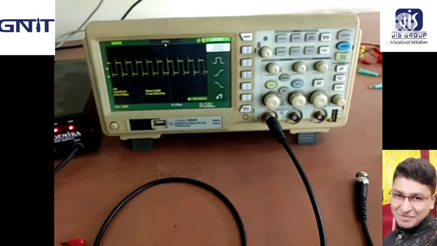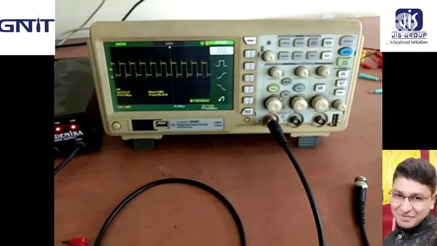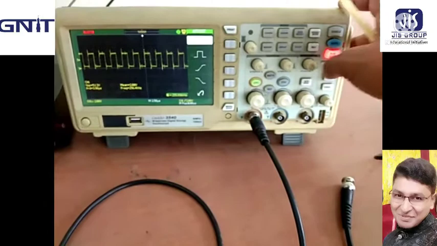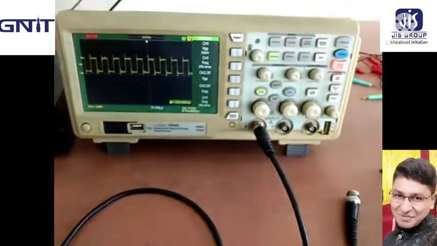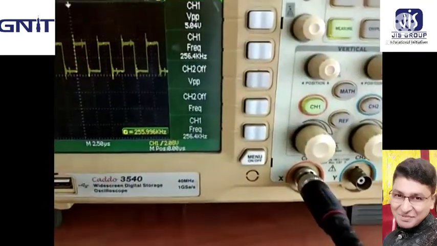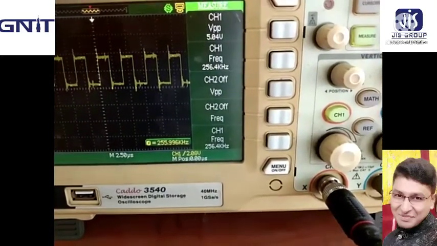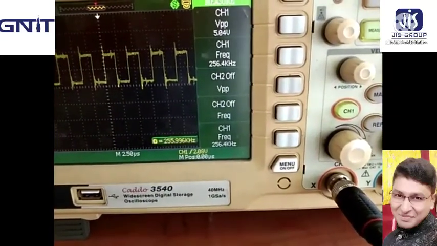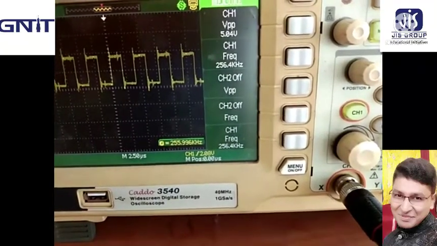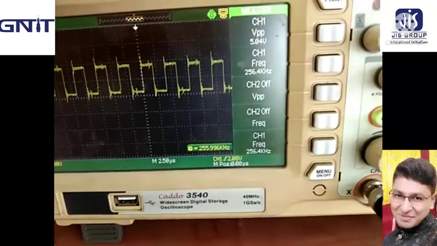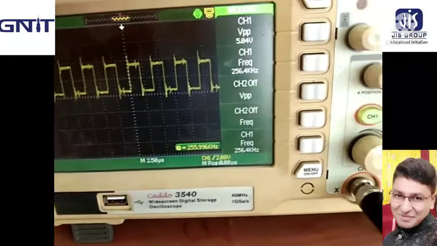This is our clock signal or data clock. Run and stop and measure. Peak to peak voltage is 5.0 volt and frequency 256.4 kilohertz. Note down the amplitude and frequency.